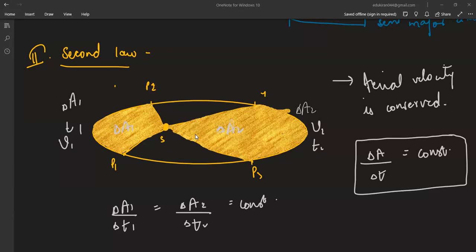But the theory remains the same for both cases. Let's say area A1 is this change in area, T1 is the time, V1 is velocity. Area A2, V2 is velocity, T2 is time. So all these are initial and final points. This will be P4. So velocity covered here is equal to velocity covered here. That is, areal velocity will remain constant. So A1 by T1 is equal to A2 by T2, remaining constant.